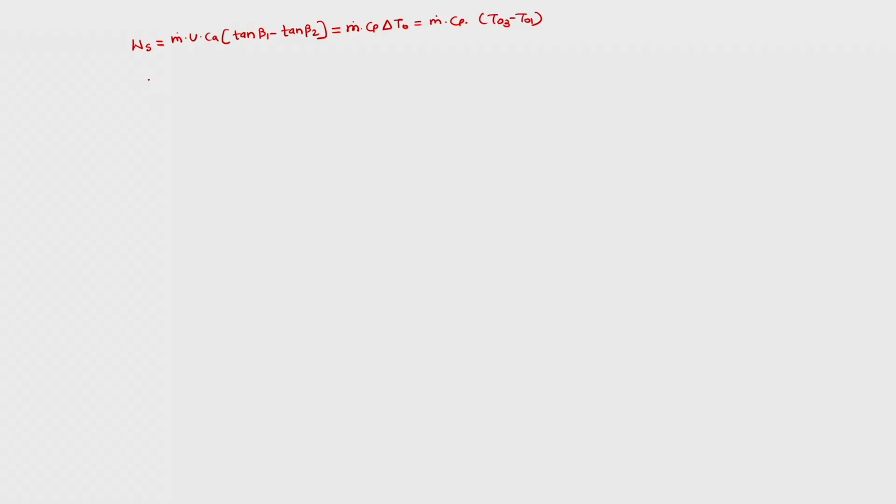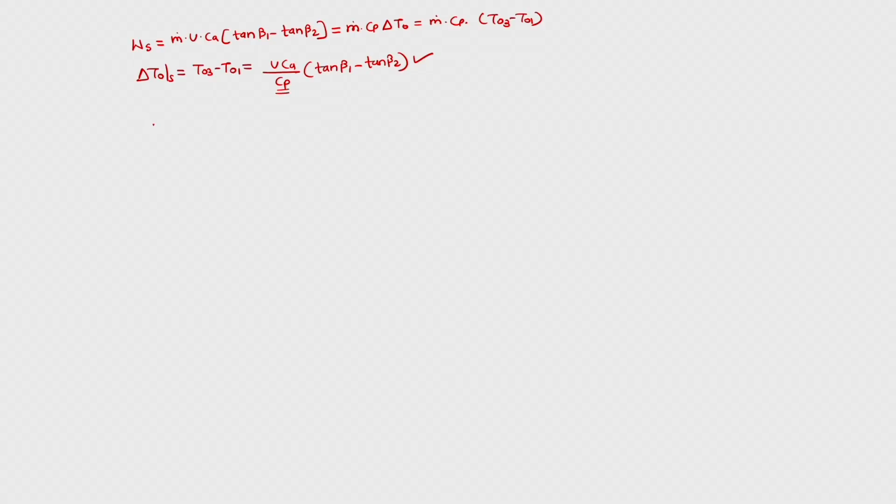So delta T naught in a stage, which is T naught 3 minus T naught 1, is equal to U Ca upon Cp into tan beta 1 minus tan beta 2. From the velocity triangle we can find the total temperature rise in a stage, where Cp is the specific heat at constant pressure and the rest of the things are there in the velocity triangle.